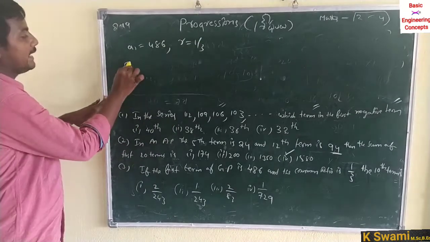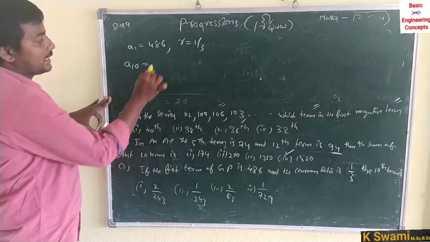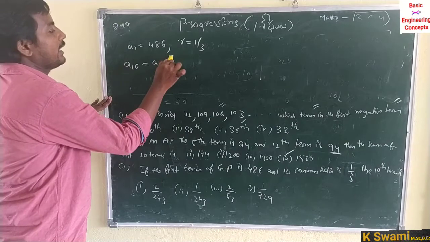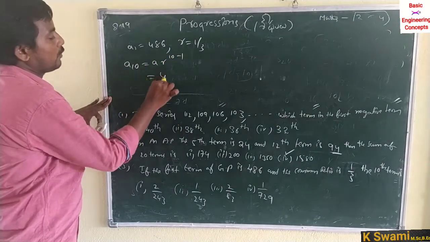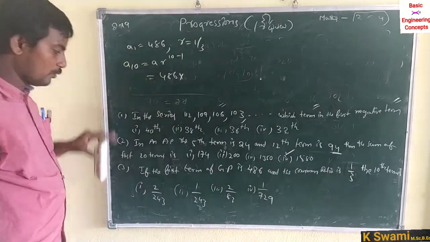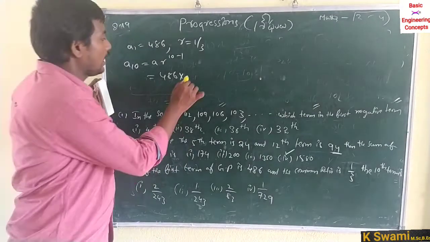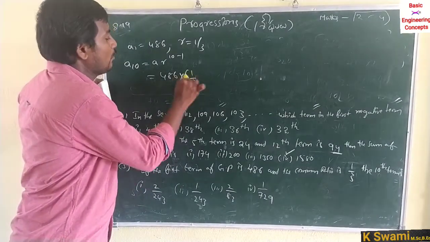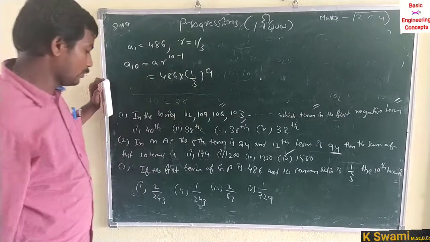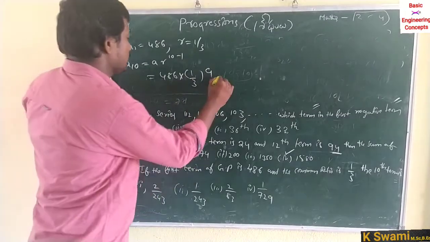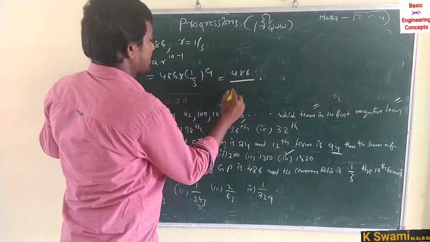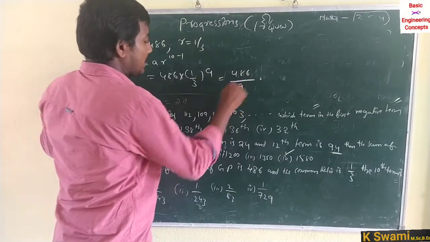To find A10 is equal to A into R power 10 minus 1, that is 486 into 1/3 whole power 9. So that is 486 by 3 power 9.